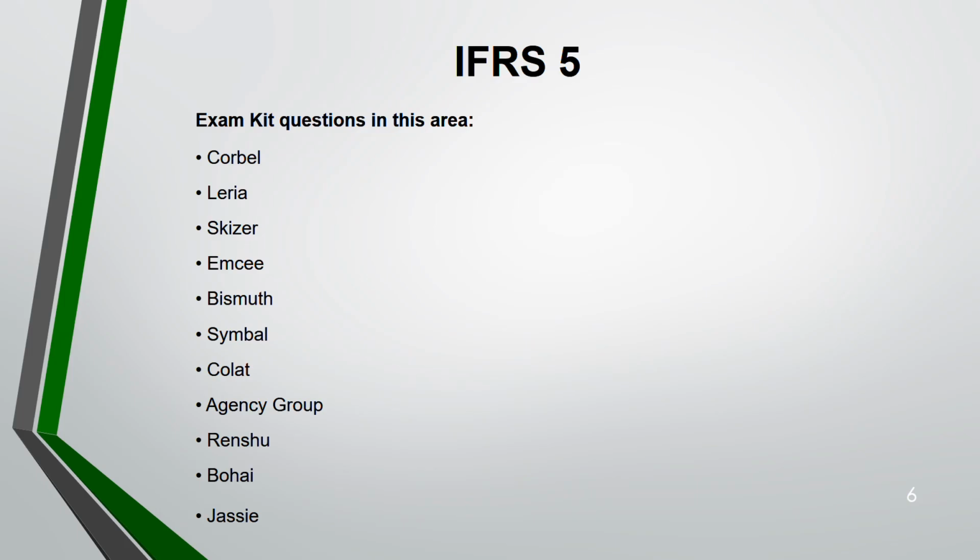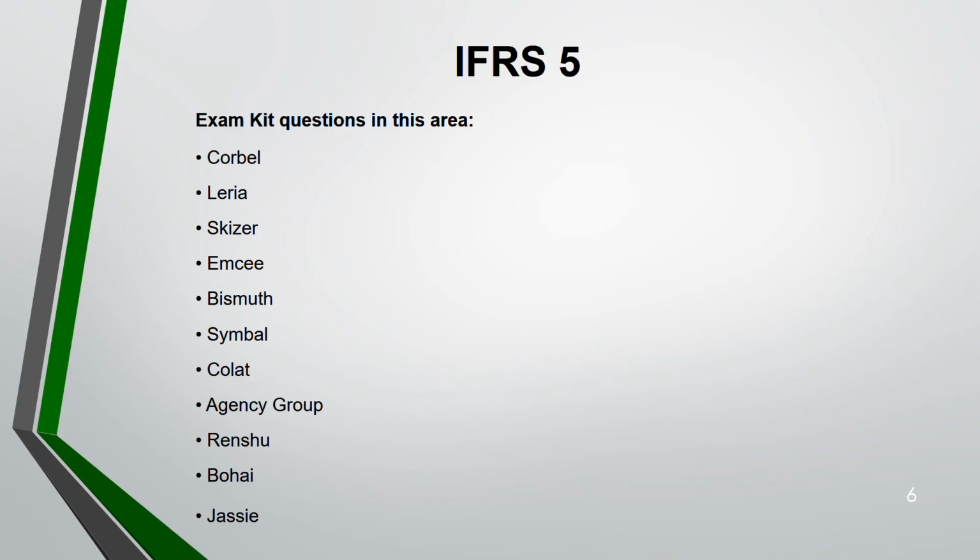These are the exam kit questions for SBR students that they have to do: Corwell, Larius, Skyzer, MC, Bismuth, Symbol, Colette, Agency Group, Renshu, Bohai, Jesse. Now, let me tell you, all these questions are not on IFRS 5. IFRS 5 is the last standard covering non-current assets, because before this I've covered the other standards on non-current assets: IAS 16, IAS 20, IAS 23, IAS 40, IAS 38, and now IFRS 5.